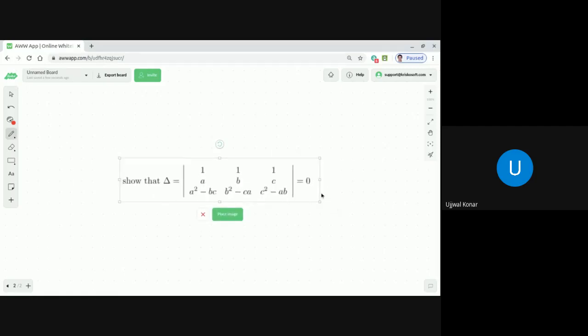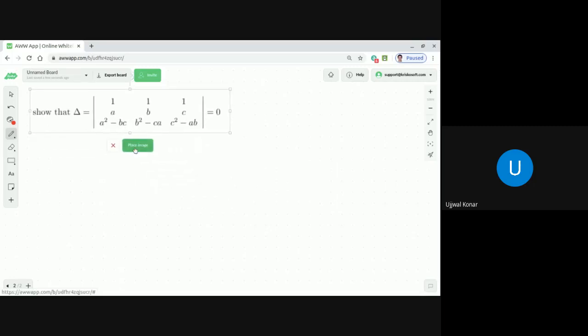You also do along with me. So that delta is equal to, it is a 3 by 3 determinant, so determinant of order 3. I read row wise. It is 1, 1, 1, a, b, c, and a square minus bc, b square minus ca, c square minus ab is equal to 0. That we need to prove.